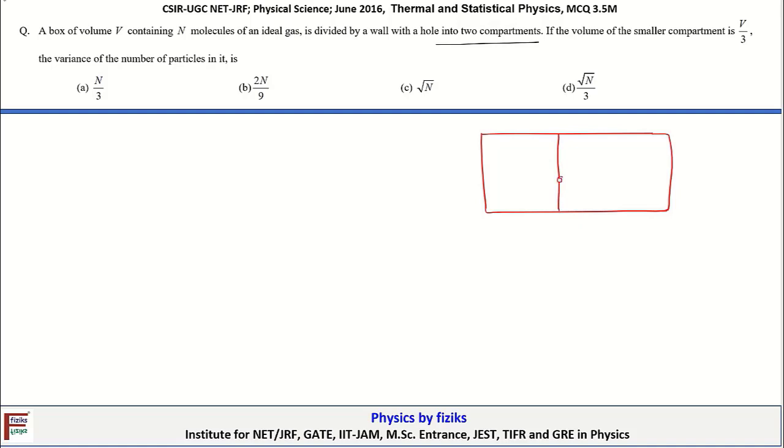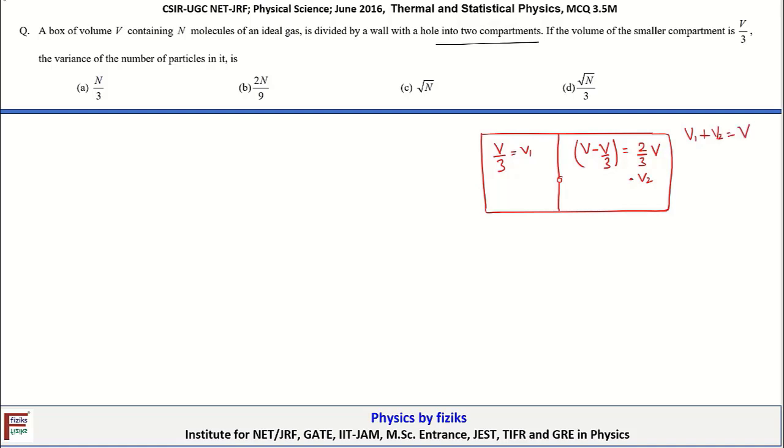Assuming there is a hole here in the wall, if the volume of the smaller compartment is V by 3, then the volume of the other compartment will be V minus V by 3, which is equal to 2/3 of the volume. If we call these V1 and V2, then V1 plus V2 is equal to the total volume of the box.